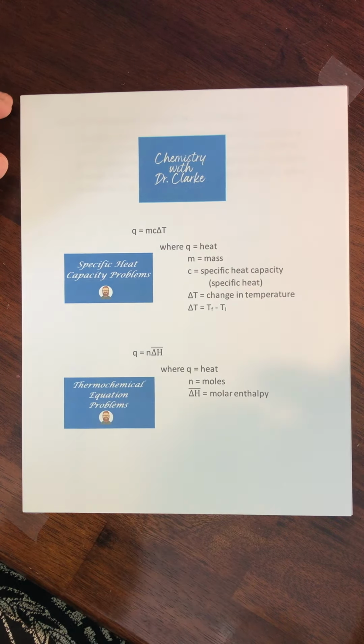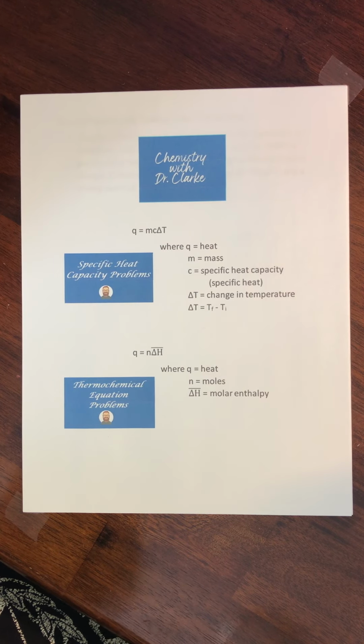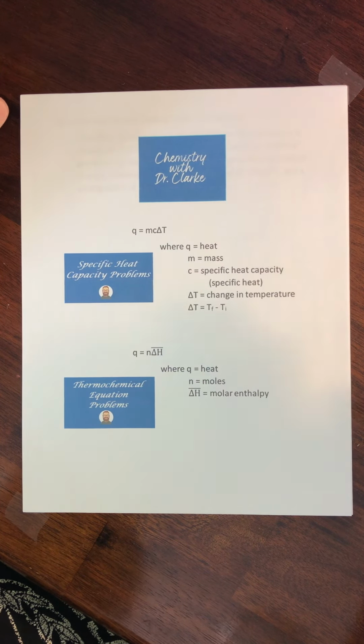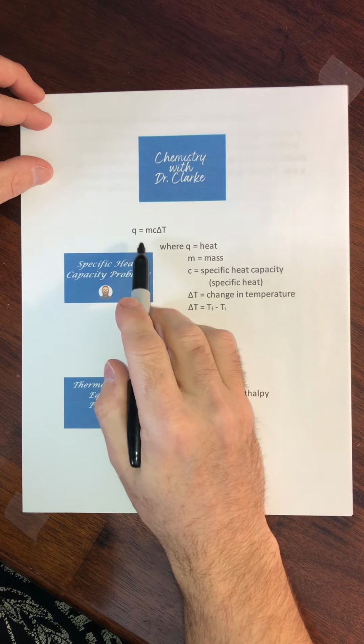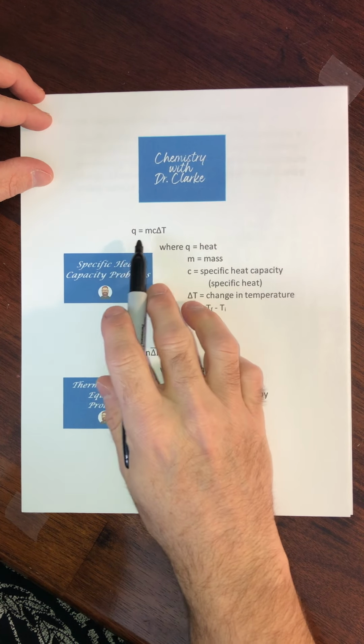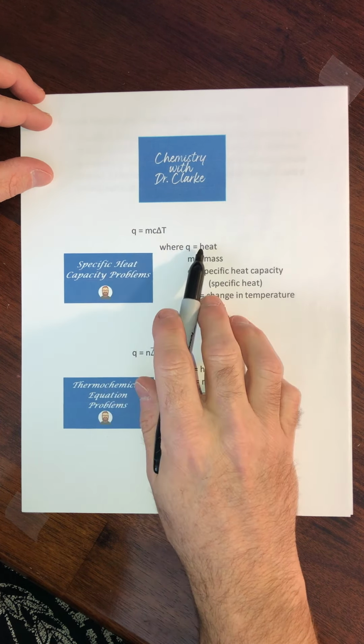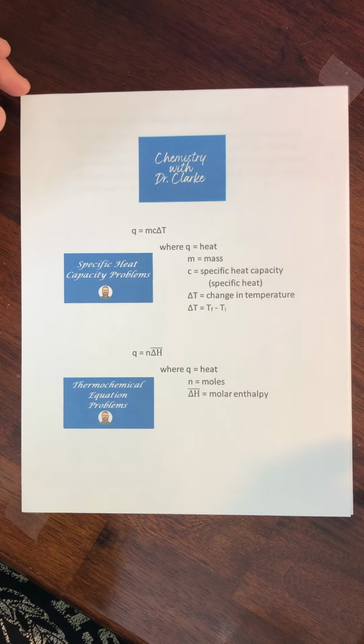So if you are feeling like you need a little bit of extra help in either one of these, there is help available. You just have to go back and take a look. So if we take a quick breeze through the equations. In this equation here, Q is going to be your heat, m is your mass, c is your specific heat capacity, sometimes known as just specific heat, and delta T is the change in your temperature, the final minus the initial.